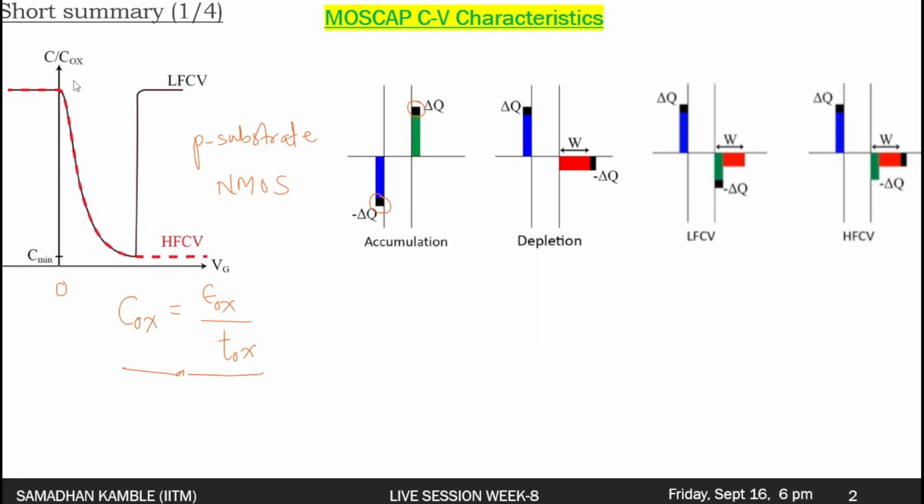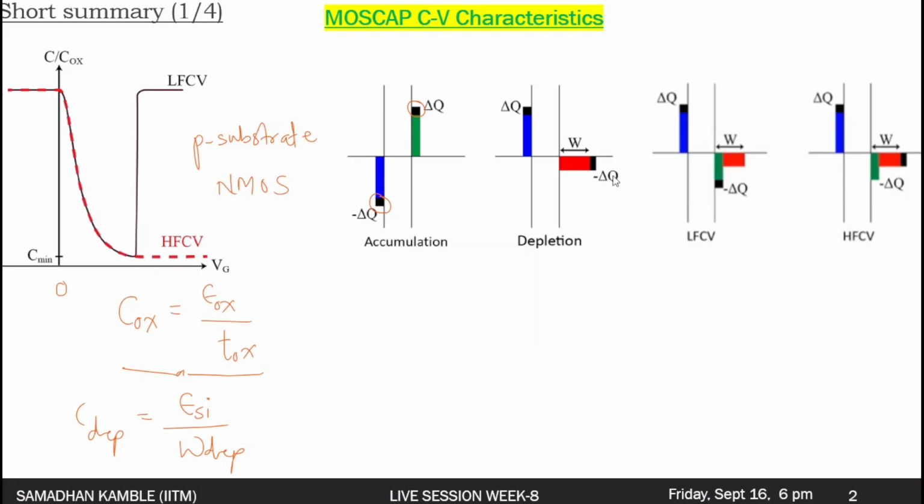But when we go into the region where we apply Vg more than 0, we will see that the depletion region starts as the majority carriers are depleted or pushed away from the junction, and we can see the capacitance decreasing, which is actually given by C depletion as epsilon of the silicon, the semiconductor, over the width.